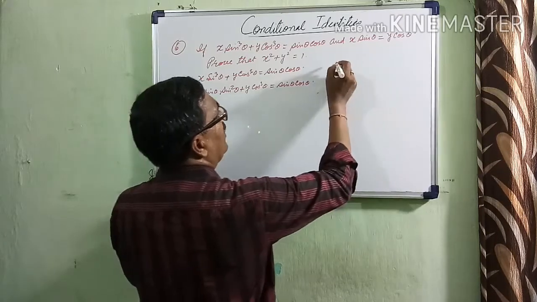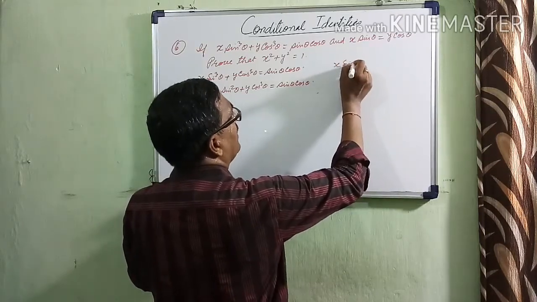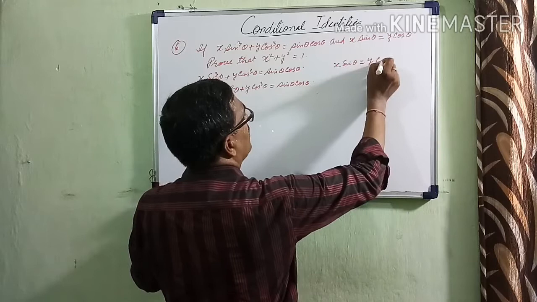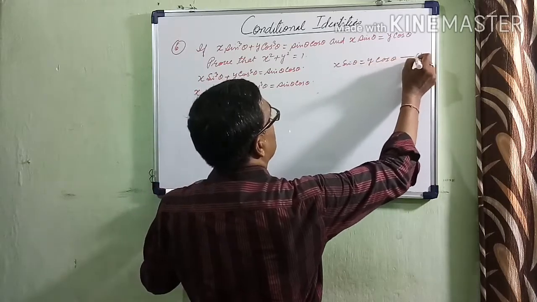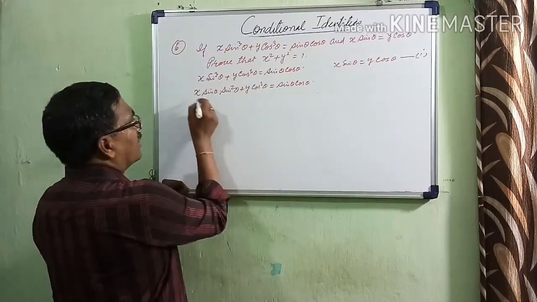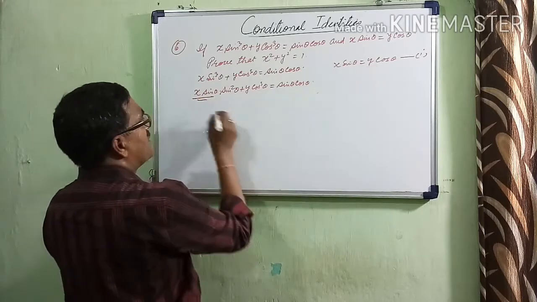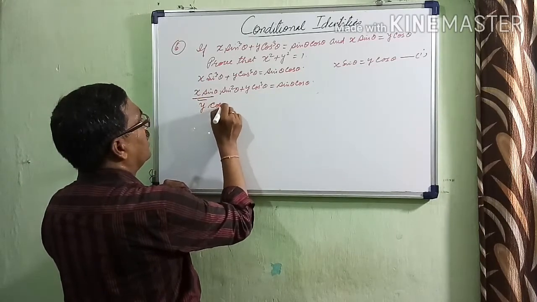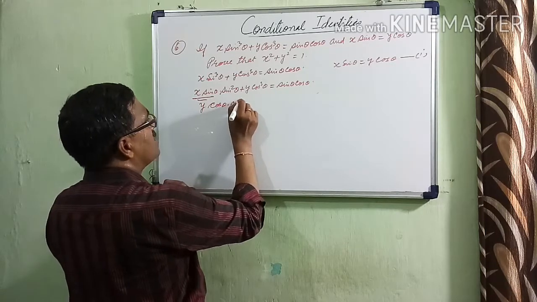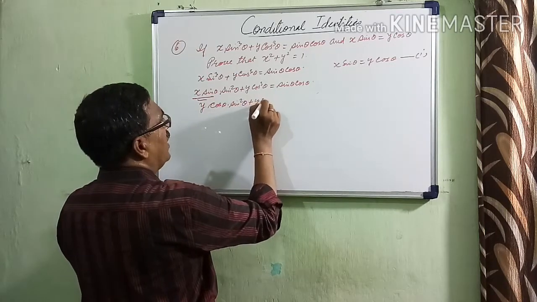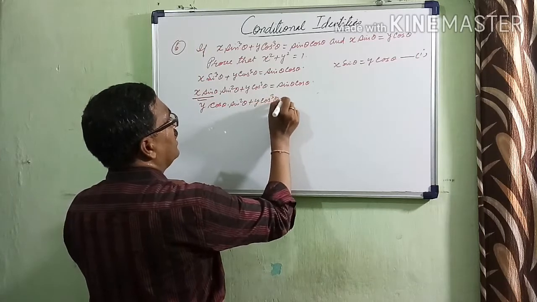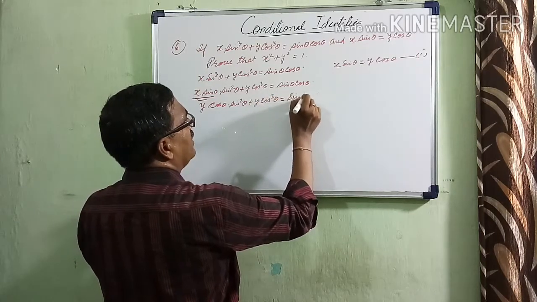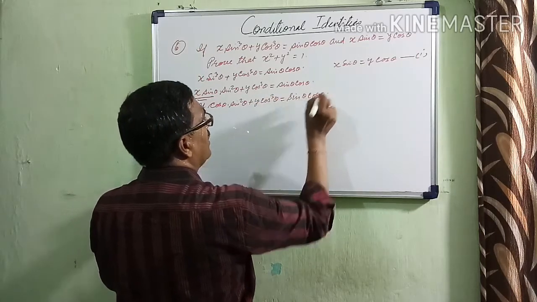And second equation we have x sine theta is equal to y cos theta. Say this is 1. Now the value of this, from 1 you can substitute. This will be y cos theta into sine square theta plus y cos cube theta is equal to sine theta into cos theta.